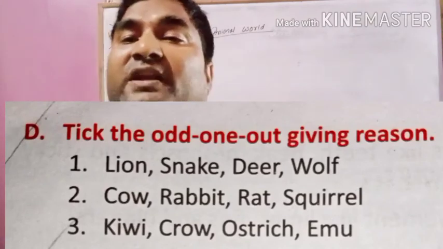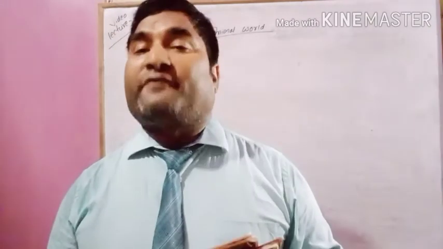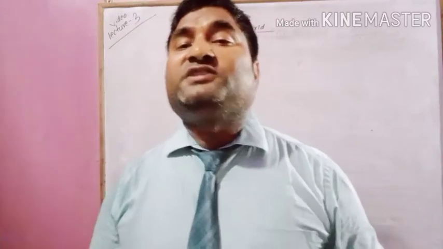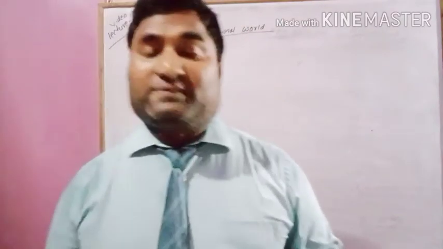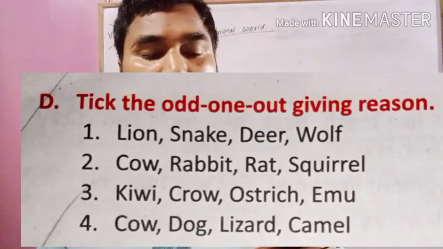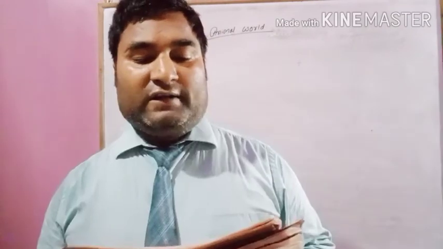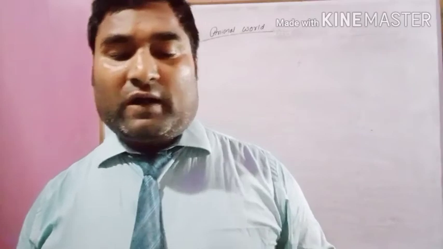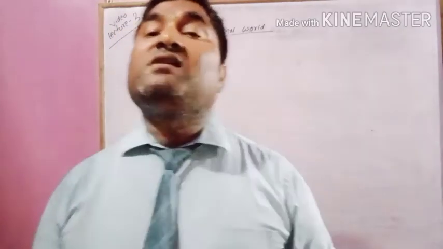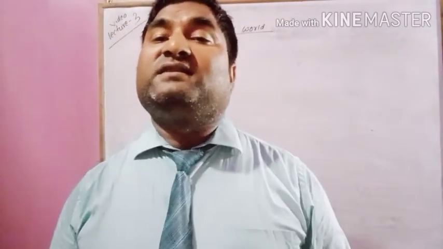Here answer will be crow. Crow can fly, but kiwi, ostrich, and emu are flightless birds. Cow, dog, lizard, camel. Cow, dog, and camel are mammals, and lizard is a reptile.